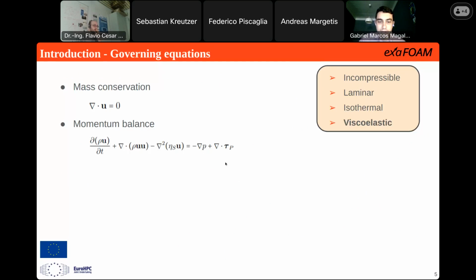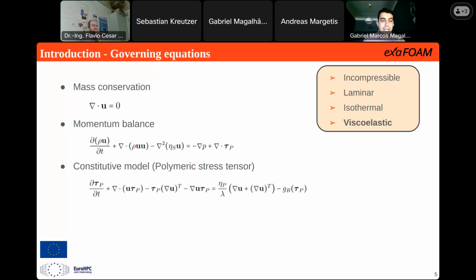We have a new term here, involving a new variable named tau p. This variable is the polymeric stress tensor. This is a second order tensor, but it is symmetric. So this new variable requires new equations in the system. We have to add a constitutive model.